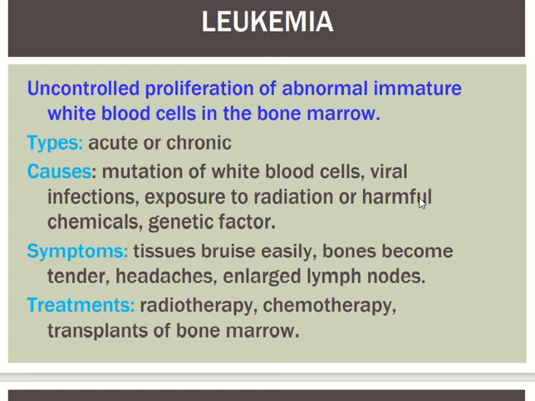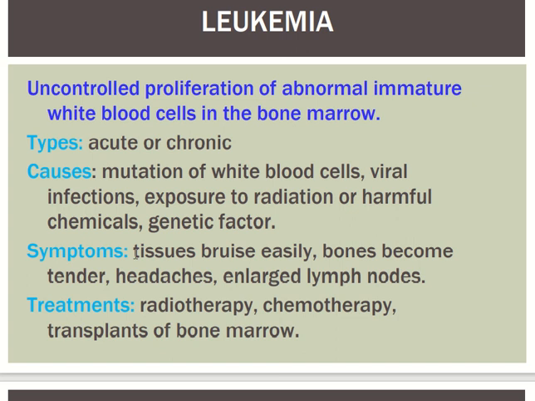There are two types of leukemia: acute leukemia and chronic leukemia. Leukemia is caused by mutation of the white blood cells, from viral infection, exposure to radiation, harmful chemicals, and also genetic factors.